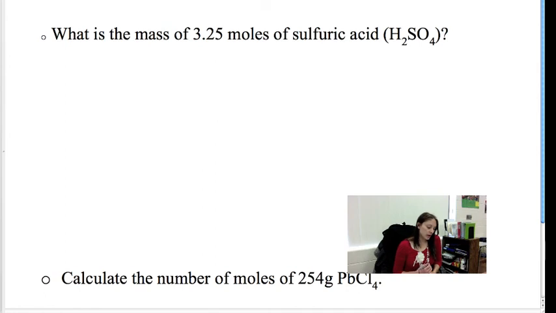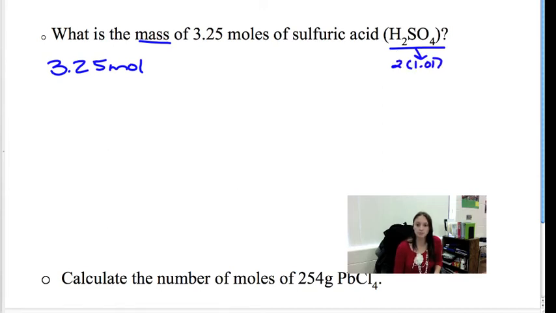So now let's look at how to convert moles to grams and grams to moles. So if I have 3.25 moles of sulfuric acid, and I want to know the grams, well, I need to know how many grams are in 1 mole, which means that I need to figure out how much 1 mole weighs. So I take 2 hydrogens, 2 times 1.01, 1 sulfur, which is 32.07, and 4 times the oxygen.